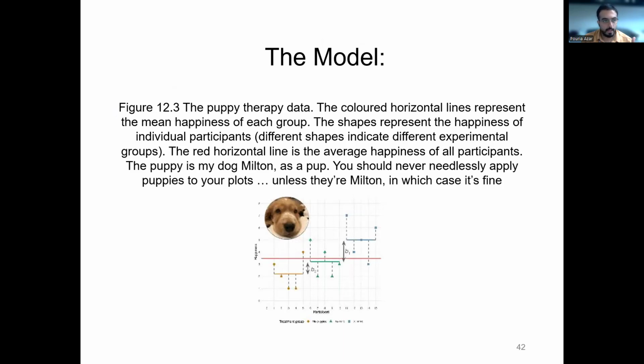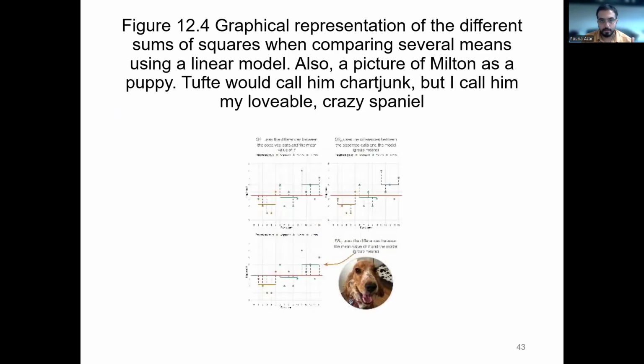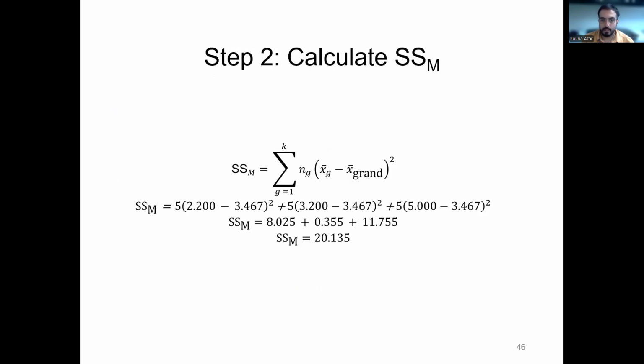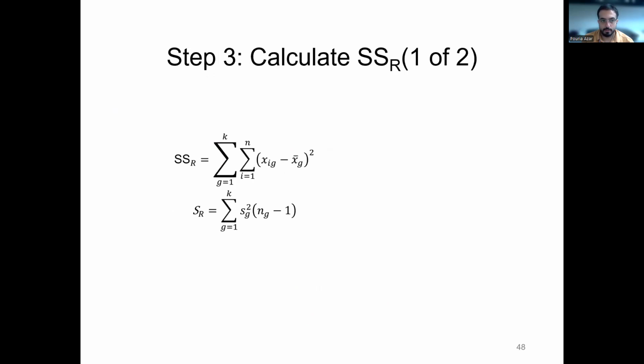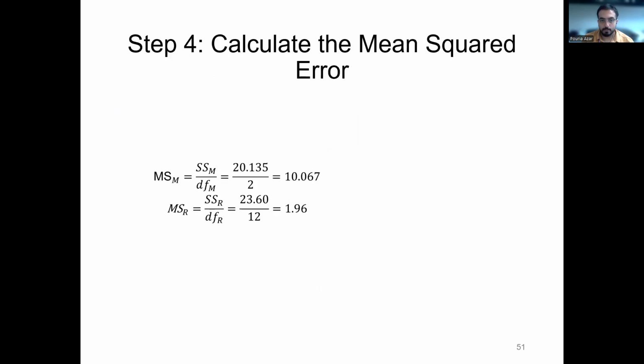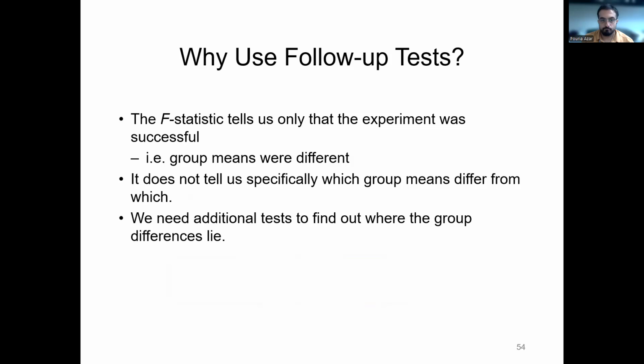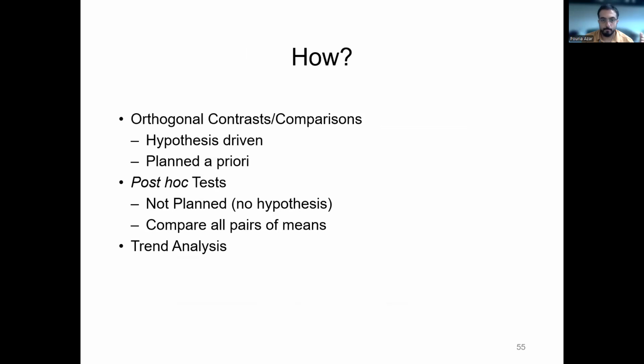So this is again the puppy test. I'm going to skip this. This is from your textbook on how to calculate the sum of squares total, which I showed you. I'm going to skip these too.